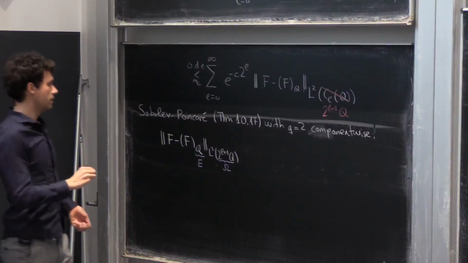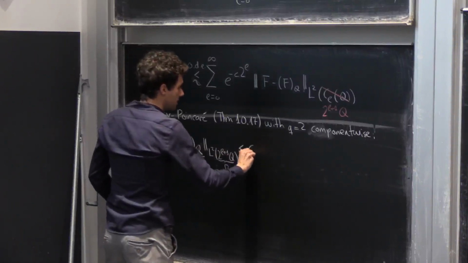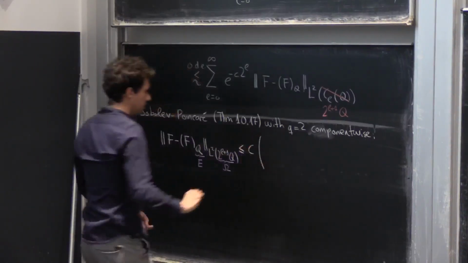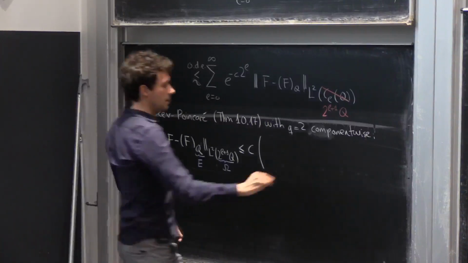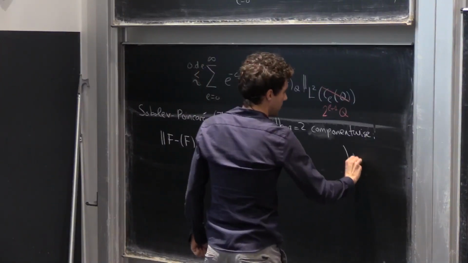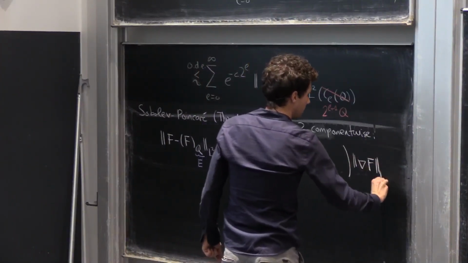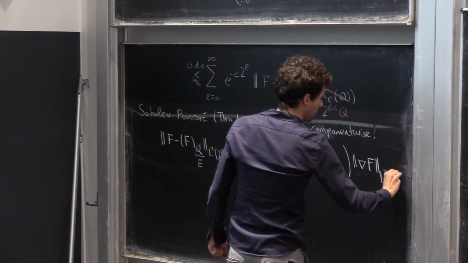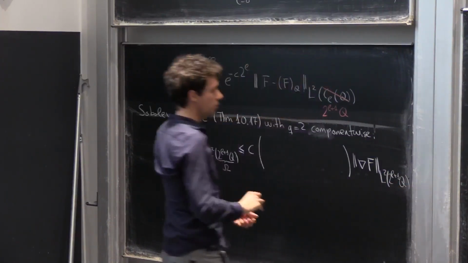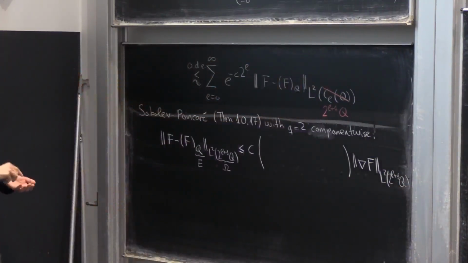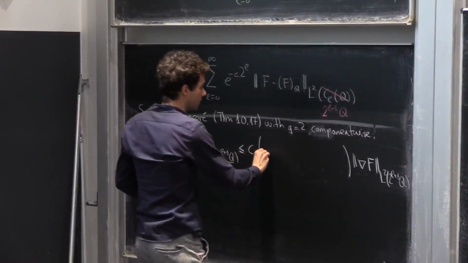And so Sobolev-Poincare says there is a good constant C, and then I get the Sobolev-Poincare constant in here, and then there's going to be the gradient of f in L2 on omega, which is the large cube. Now I just have to remember what the Sobolev-Poincare constant was.